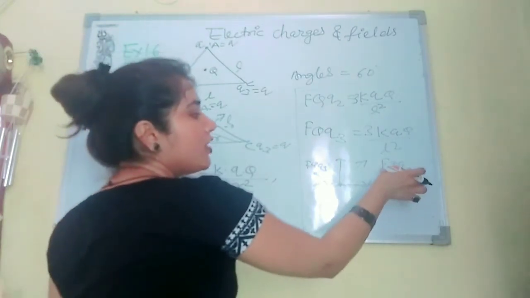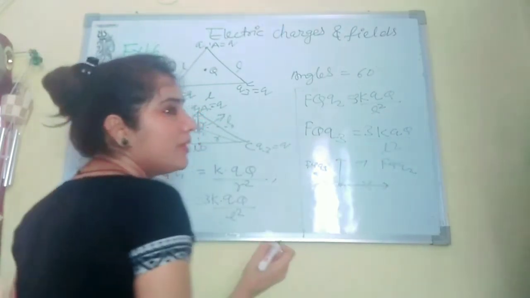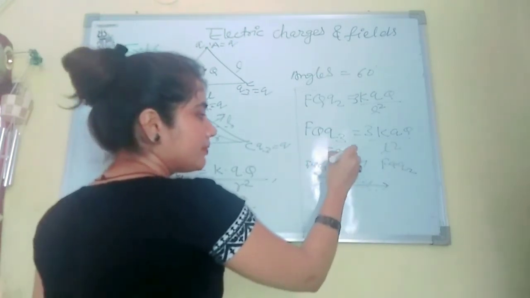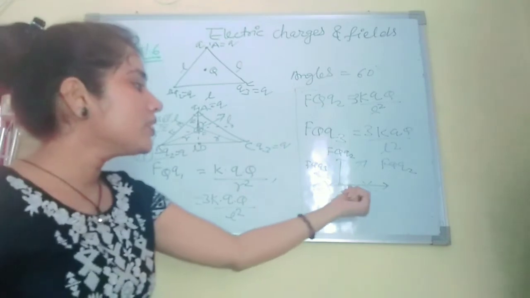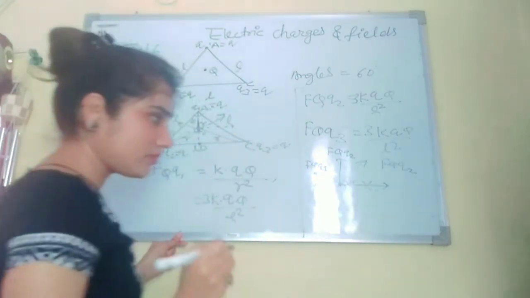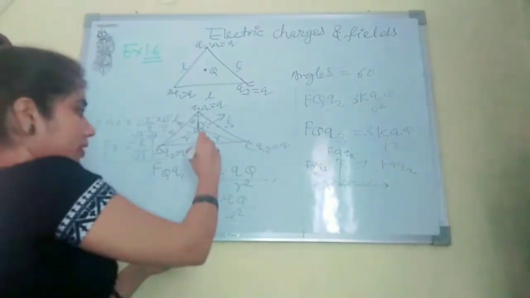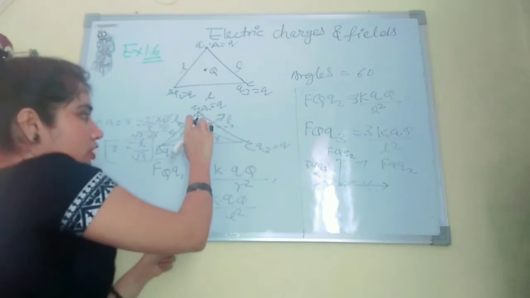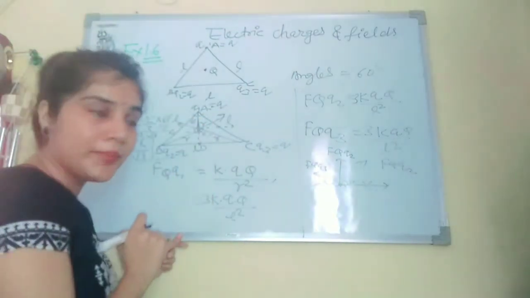So the y component because of FQQ2 will be the force of FQQ2. This is the 30 degree angle. If we extend the line here, that will become 30 degree. So this angle will be 30 degree.